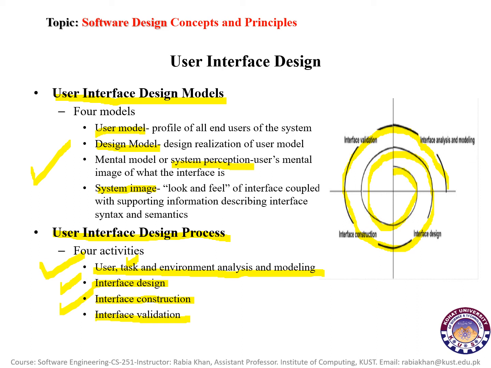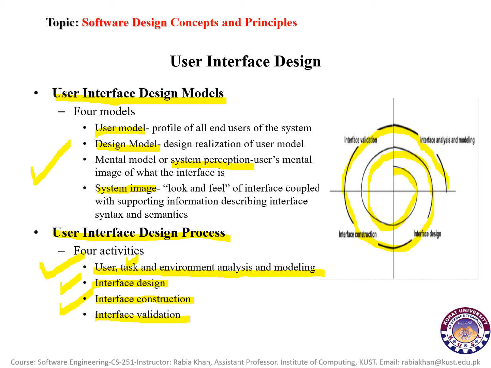As the iterative design process continues, a user interface toolkit may be used to complete the construction of the interface. Different toolkits are available which can be used to construct the user interface depending on the task, user and environment analysis that have been carried out earlier.